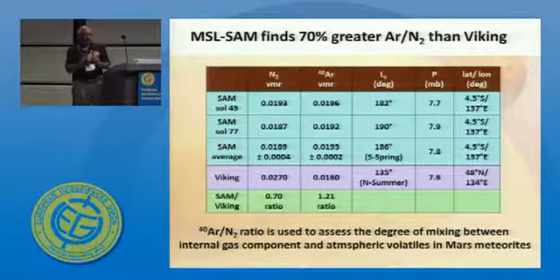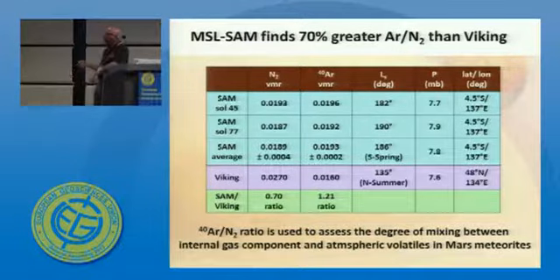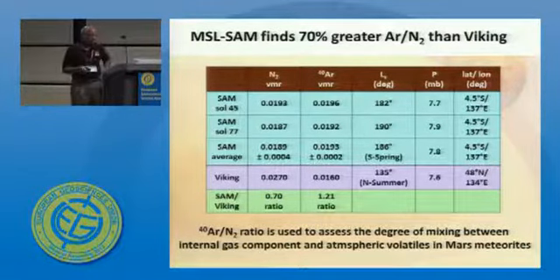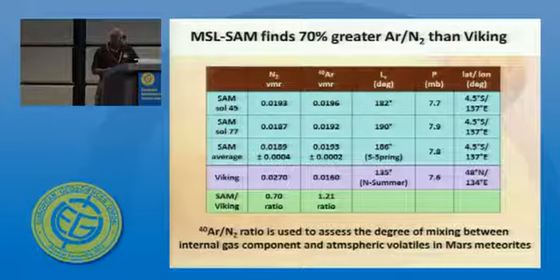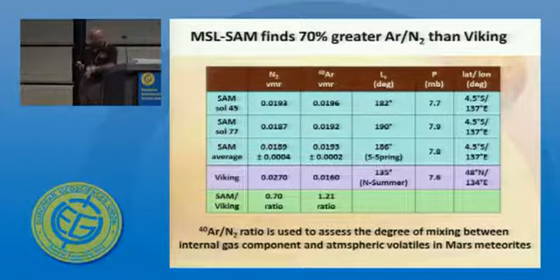And the rest of the atmosphere, if it's not condensing, is essentially carbon dioxide. So the Viking observations were done in the summertime at mid-latitude, and the SAM observations are essentially at the equator in the spring, and the pressures are about the same. You don't expect the mixing ratios to be all that different. But they are different.